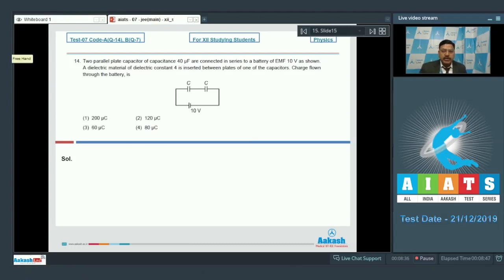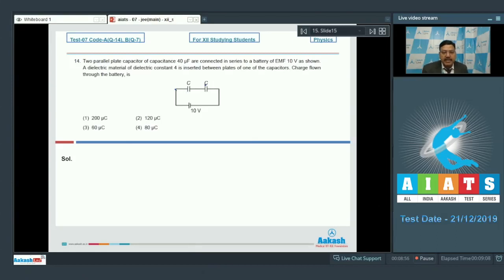So what we do is we analyze the situation before insertion of the dielectric and after insertion of the dielectric. Before insertion of the dielectric, the effective capacitance will be C by 2 because C and C are in series.